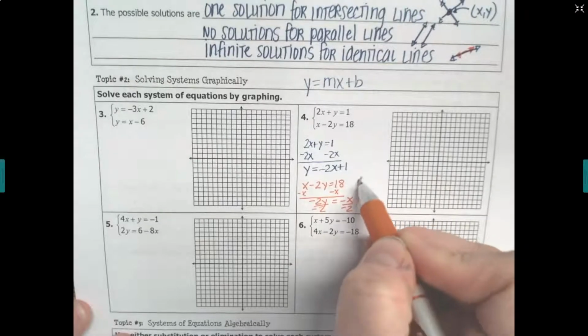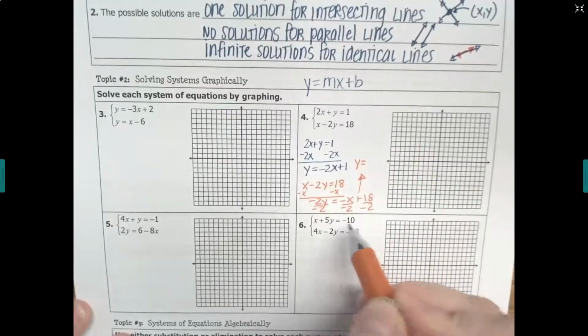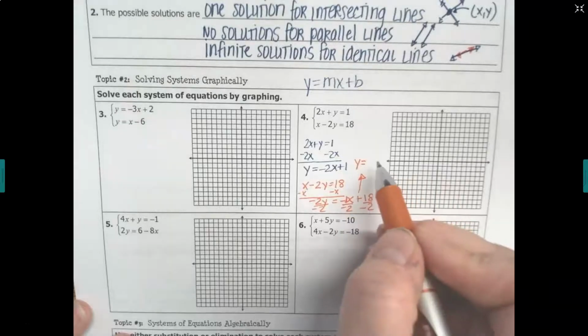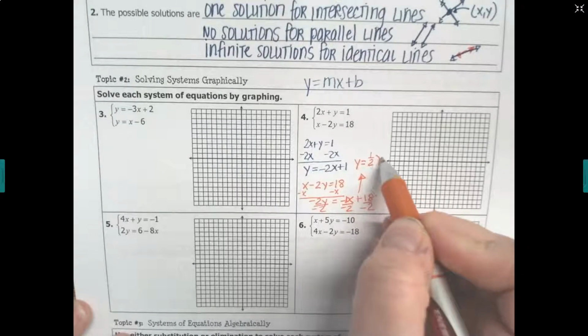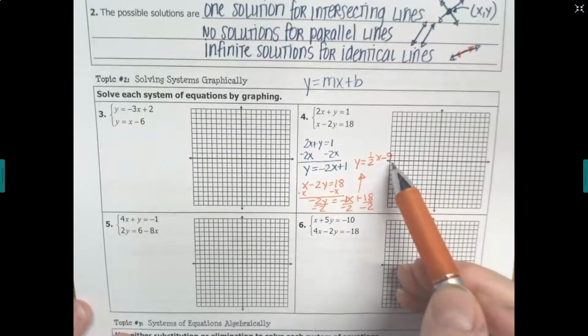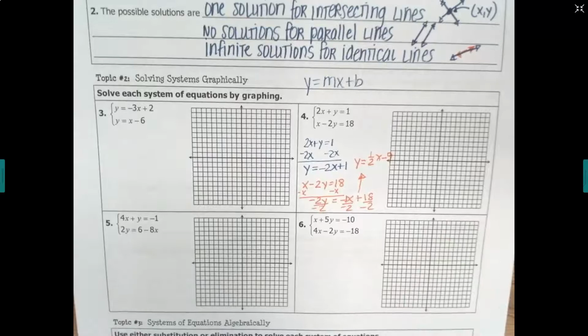I ran out of room, so we're going to write it up here. y equals, this is a 1 right there, so you have negative 1 over negative 2, so 1/2 x. 18 divided by negative 2 is minus 9. So go down to the y-axis at negative 9 and then count up 1, right 2, up 1, right 2. And where the 2 lines cross, that's your solution.